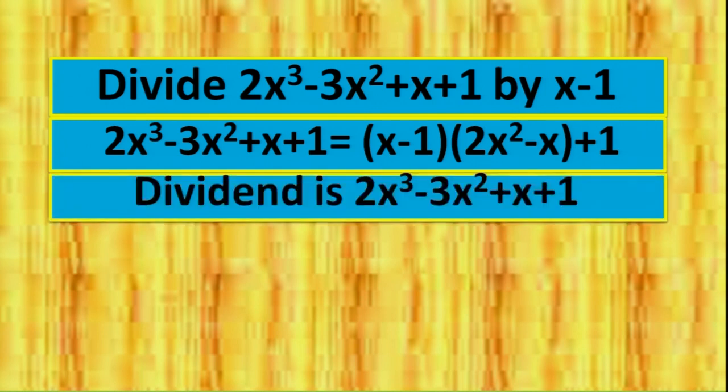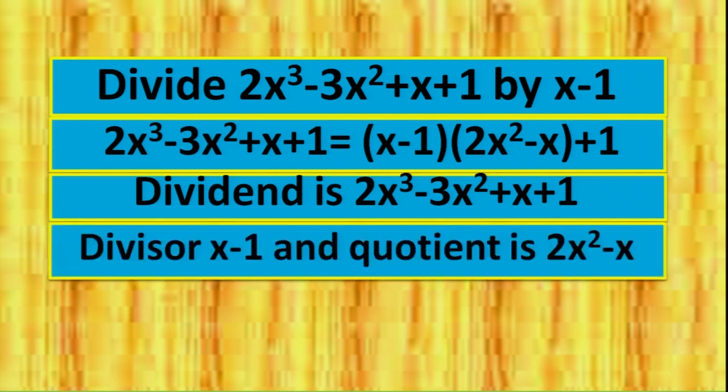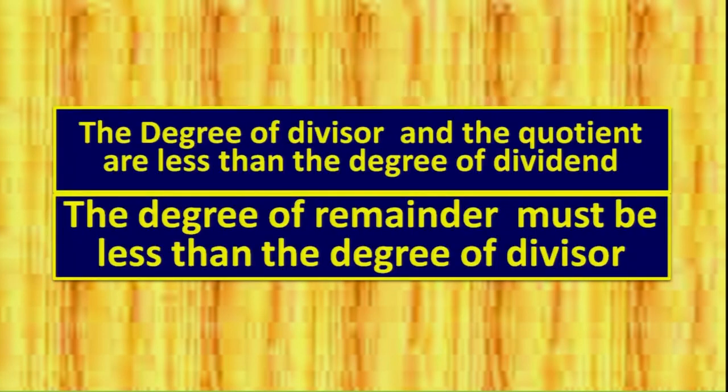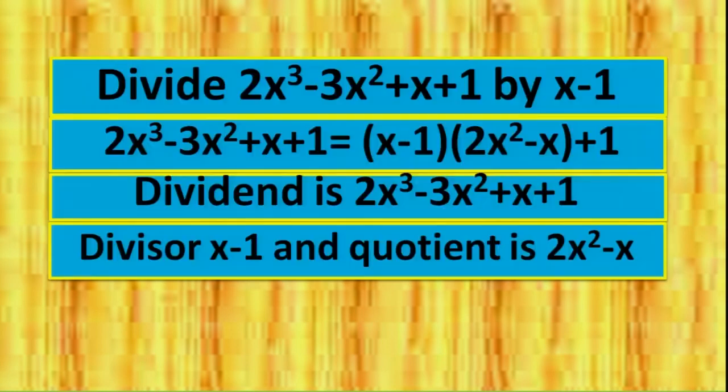So here, as you understand, the dividend 2x cube minus 3x square plus x plus 1 is of degree 3. The divisor is x minus 1 and the quotient is 2x square minus x. Let's try to understand their degrees.